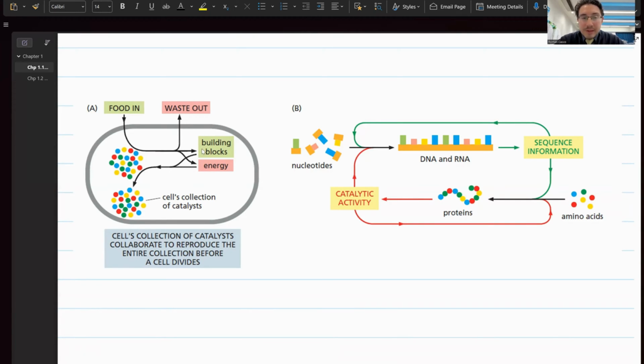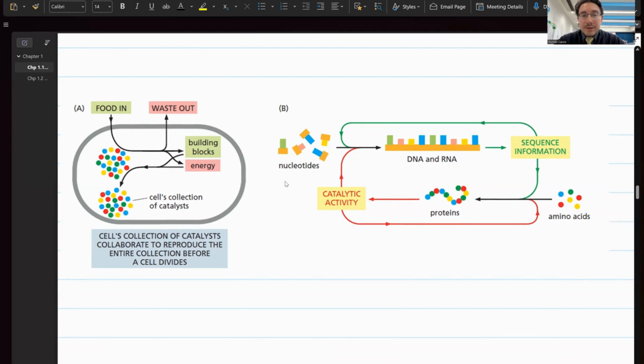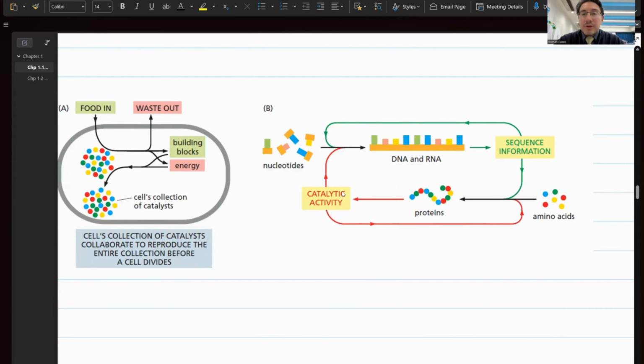These building blocks in turn will serve as the monomers to create proteins or more complex structures that could be used by the cell, a collection of catalysts, in many cellular processes. Anything that isn't used within the cell ultimately will get discarded. And then you have this autocatalytic cycle, where you have nucleotides that also come in.